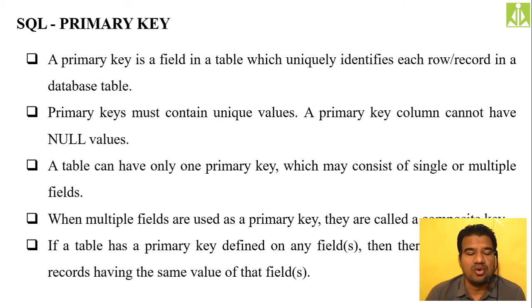Moreover, you can have not null and unique constraints on more than one column, whereas with the primary key constraint, there can be only one primary key inside your table. You cannot have more than one primary key.